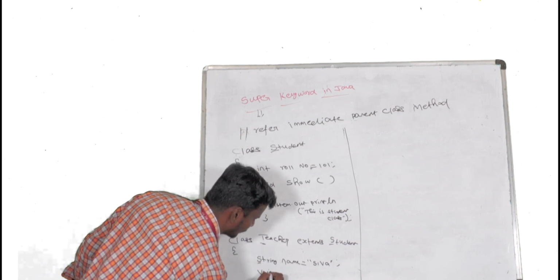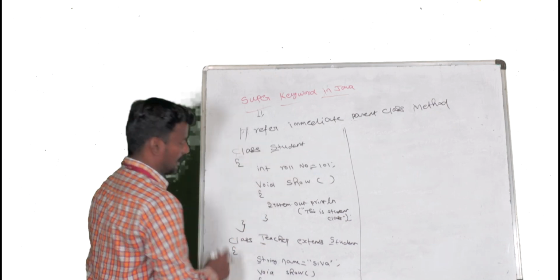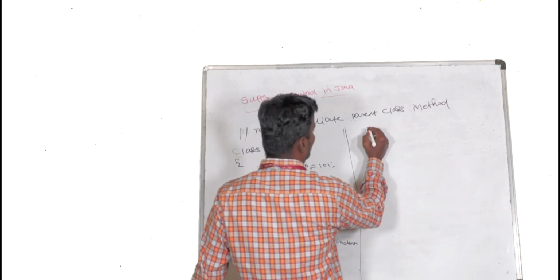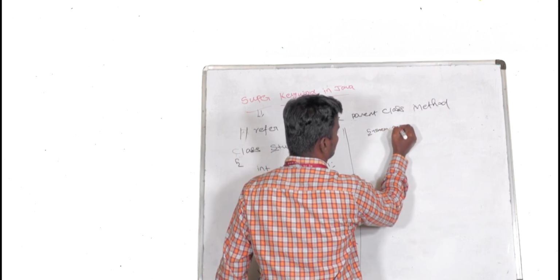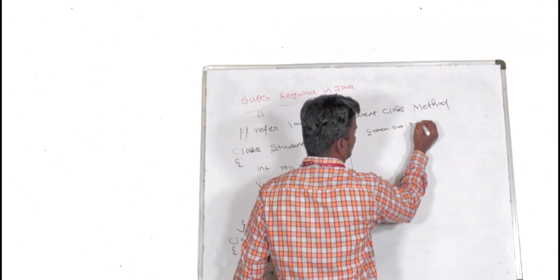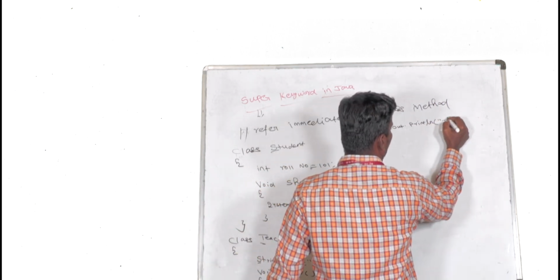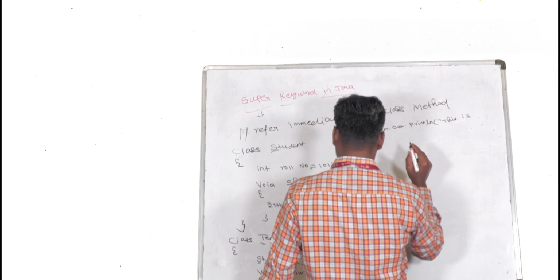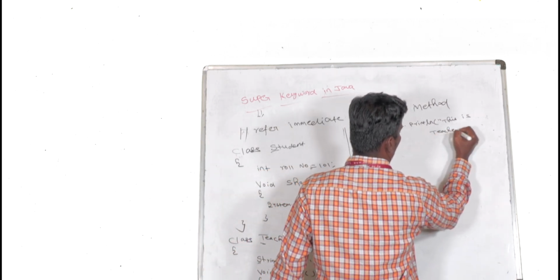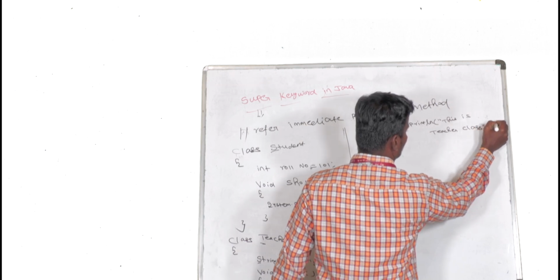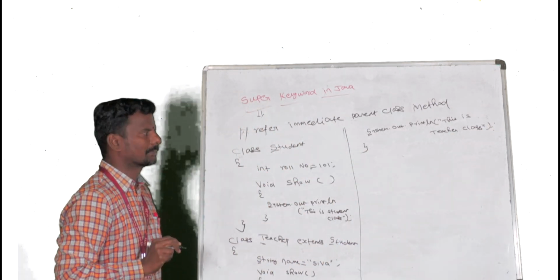The return type is void, the name of the method is show, and then we specify the task of this method: System.out.println, "This is teacher class". Some message is printed in this method. Then close this method, and then close the class.